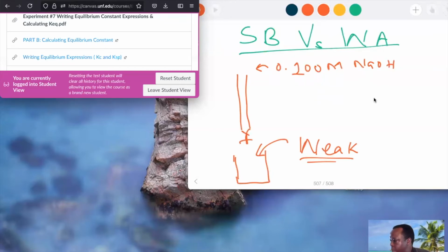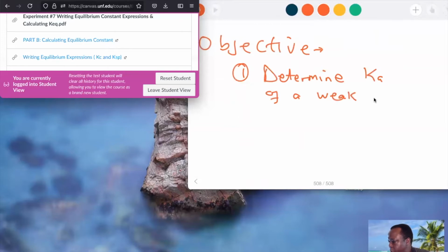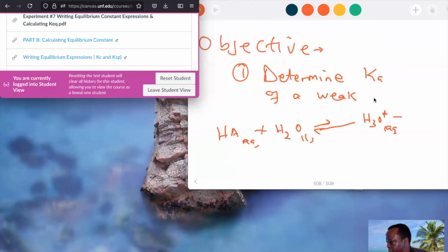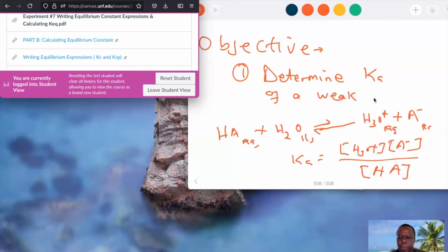In this case, if we know the weak acid from this generic equation, HA aqueous plus H2O liquid, in dynamic equilibrium, going to the product side to produce hydronium ion aqueous plus the conjugate base, you can say if we know the concentration of hydronium, the conjugate base, and the weak acid at equilibrium, we can find the Ka.